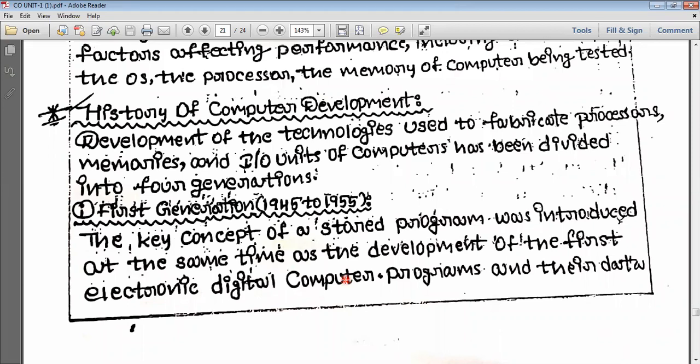See, whatever procedure we follow to execute a program, the same procedure is followed in the first generation also. But at that time the programming was very slow.